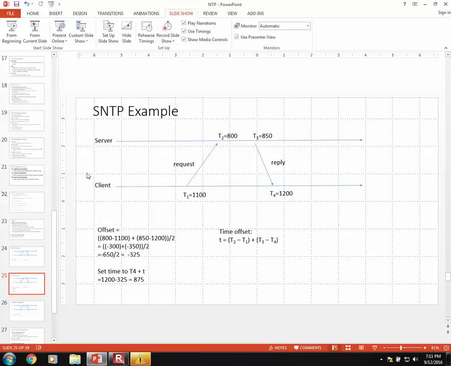So based on what we talked about before, our offset is time 2 minus time 1 plus time T3 minus T4, and you take all of that and you divide that by 2. So you do all the math and you have an offset of 325.